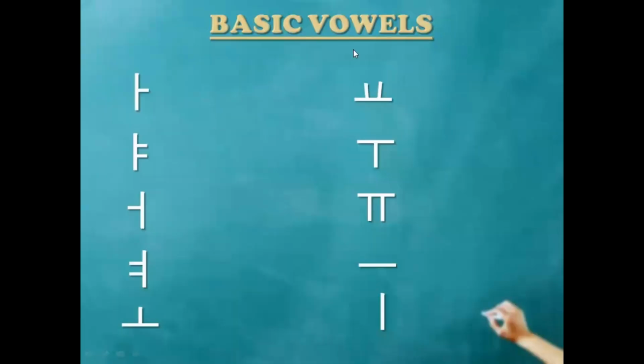Okay, so we have here the 10 basic vowels, or the mo-um. So I'll be discussing the sound value of these letters or characters. First, we have the a. The sound value of this character is a. Second, ya. Third, o. Fourth, yo. Fifth, u.